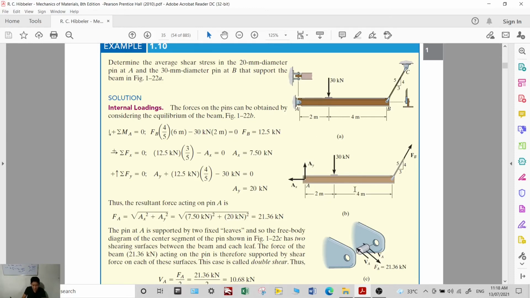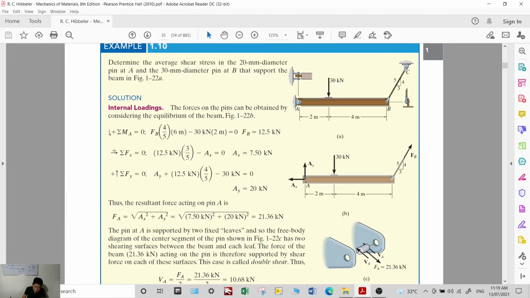AX is going to the left because it counteracts the component of B going to the right, so that this structure will remain in equilibrium. So using your knowledge in statics, apply a summation of moment at A, to get the value of FB.